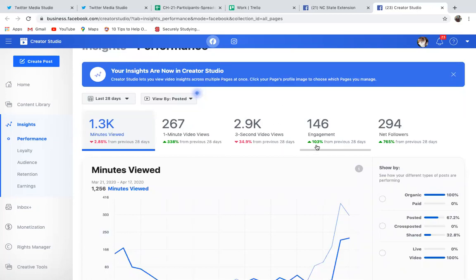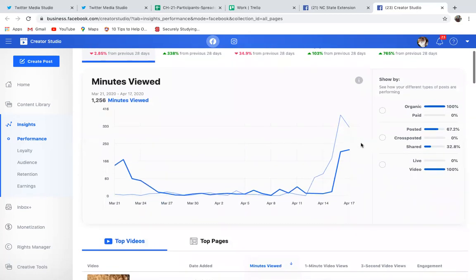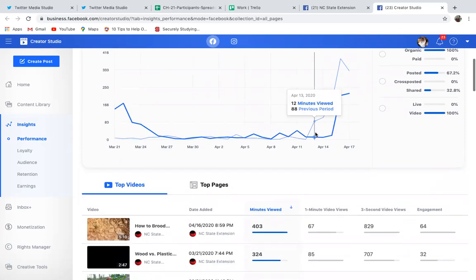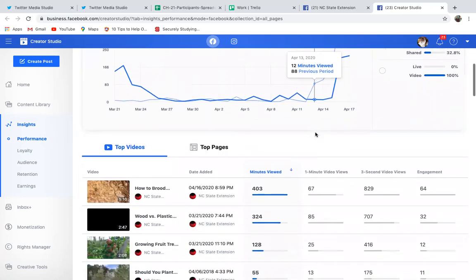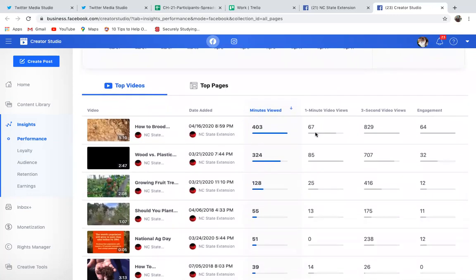And then I'm happy that my engagement is up 103%. So yeah, you can again go through and see if there were any spikes based on content that you had posted. And then you can see what your top videos were.